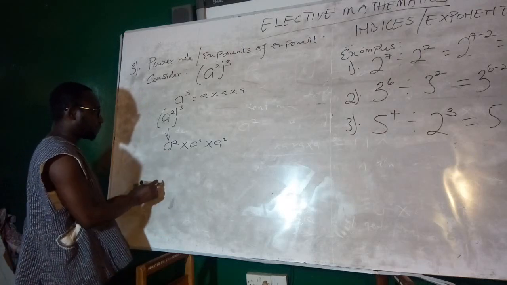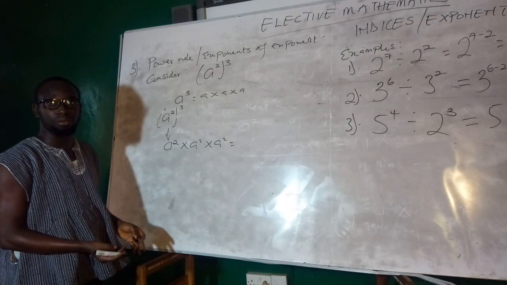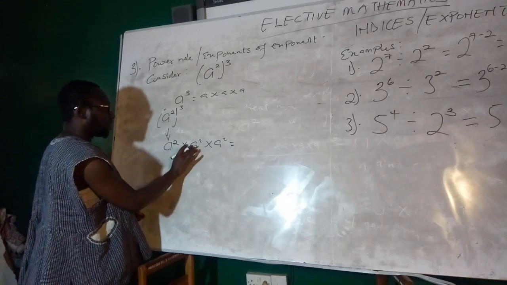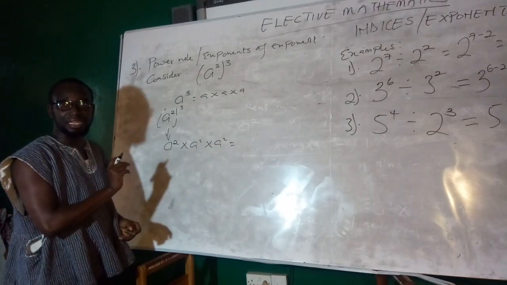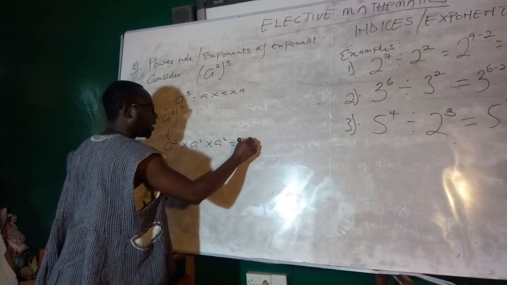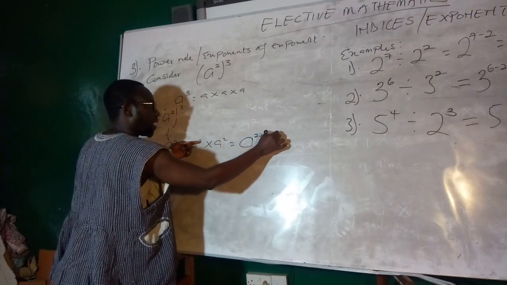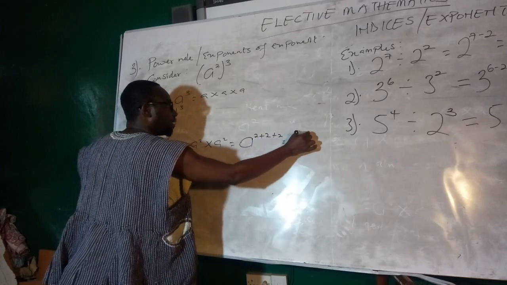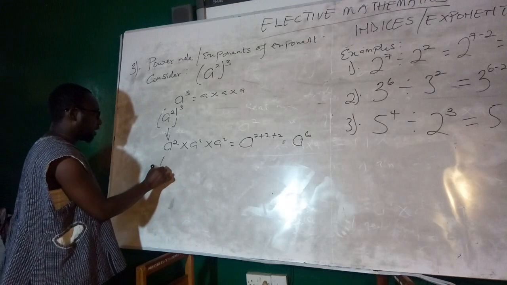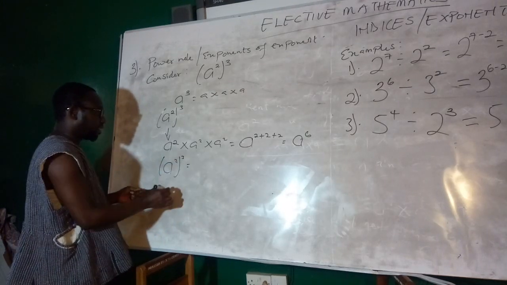Now let's use the first rule, the multiplication rule. These numbers have the same base and they are being multiplied, so their indices or exponents can be added. We can write this as a, then we bring 2 plus 2 plus 2, so this will give us a exponent 6.